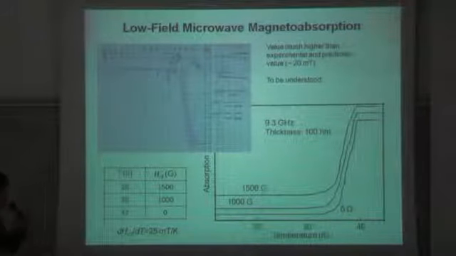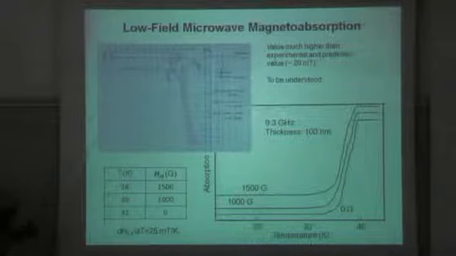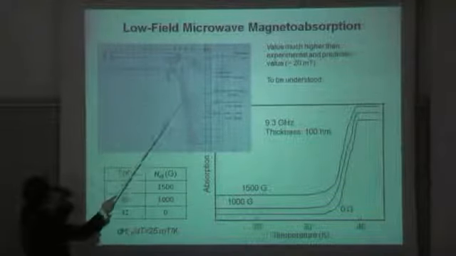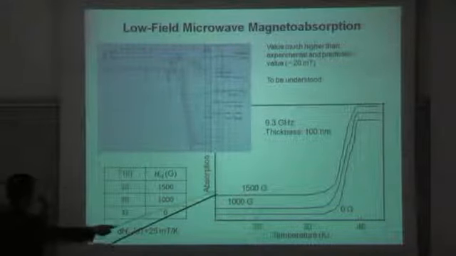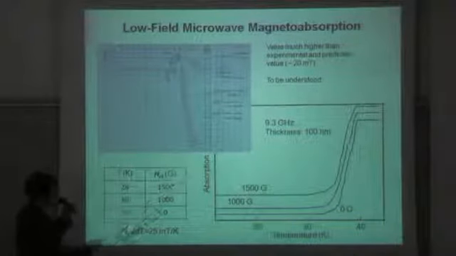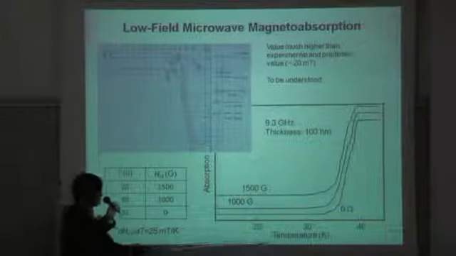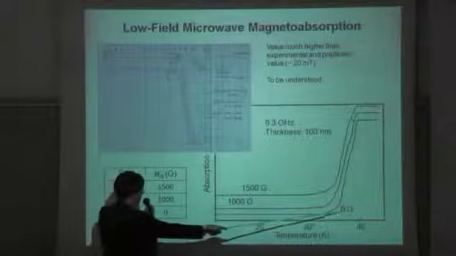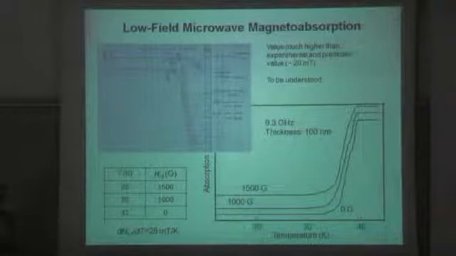He's kind of an old timer, and there's no electronics except for a chart recorder. So these are some of the data recorded for the first measurement. Here I just traced it and flipped it. You can see the microwave absorption as a function of temperature for three cases: no applied field, 1,000 Gauss, and 1,500 Gauss of applied field.